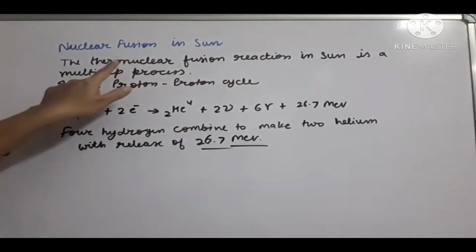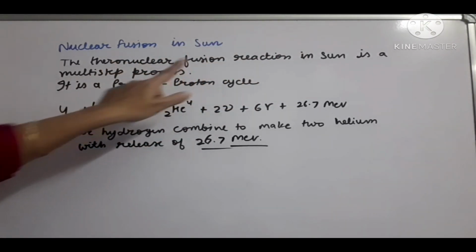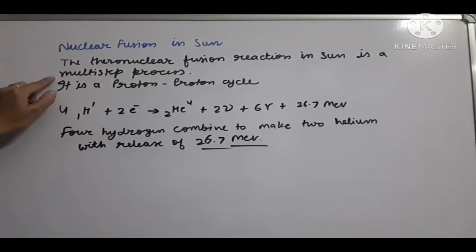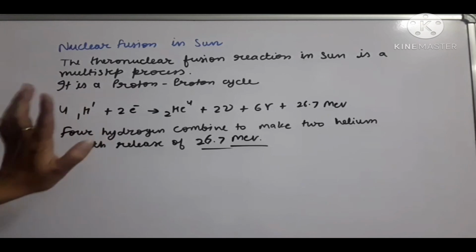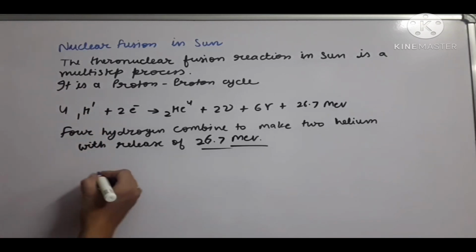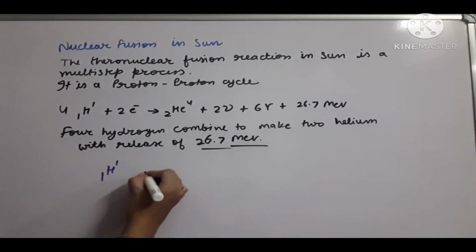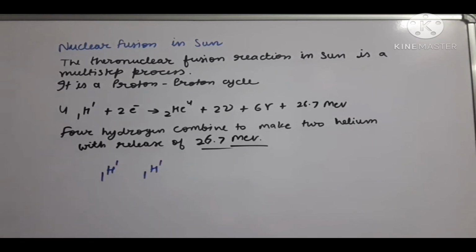In the sun, this thermonuclear fusion reaction is a multi-step process, also called the proton-proton cycle. We denote a proton by 1H1, another proton by 1H1. We are talking about nuclei, and in the hydrogen nucleus only a proton is present.